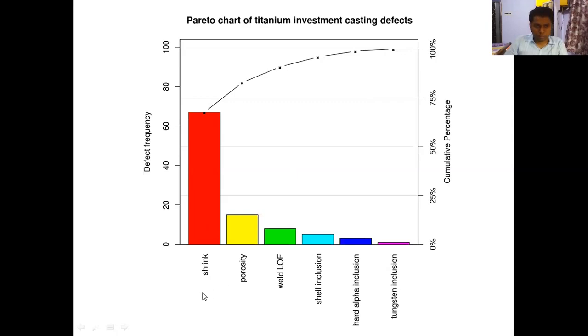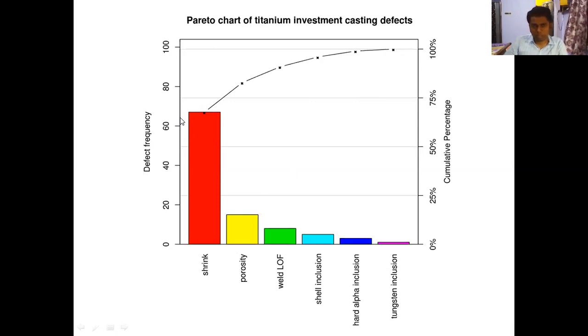But you can see that shrink alone has almost 70% of the defect frequency.